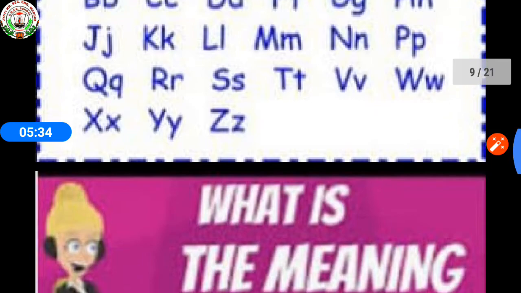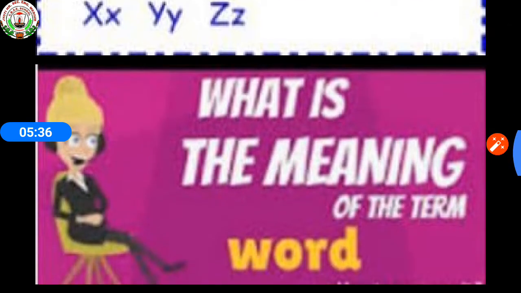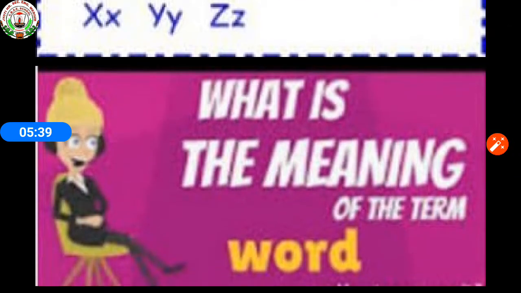Now, we are going to see the meaning of the term word. So, when we arrange the letters in a meaningful order, that is called a word.